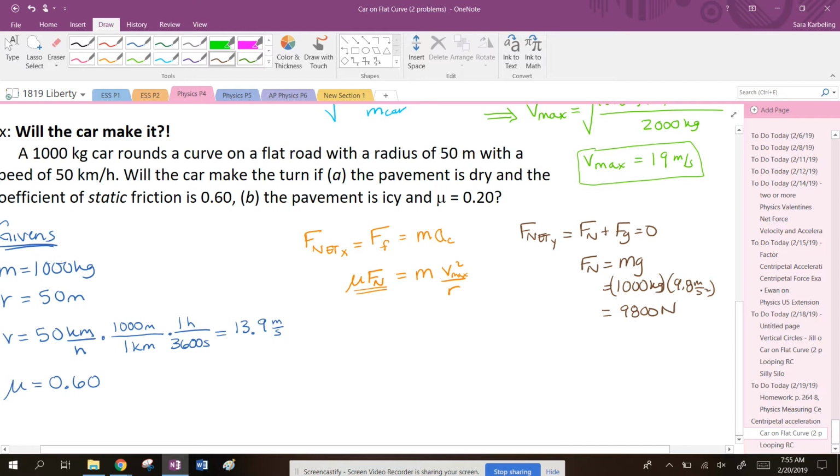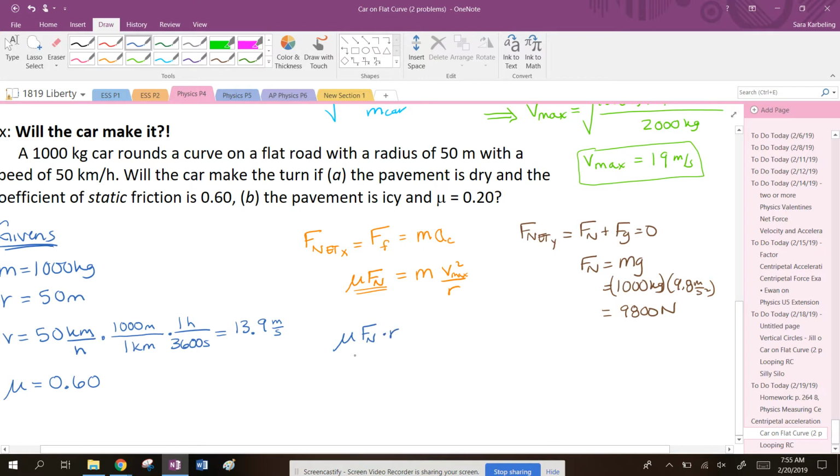All right. So if we've got 9,800 newtons, one way we could figure this out that might be easier would be to just solve again for Vmax and see if our maximum velocity is less than what we can allow. So let's do that. We've got the square root of mu Fn times r divided by m, which gives us Vmax.